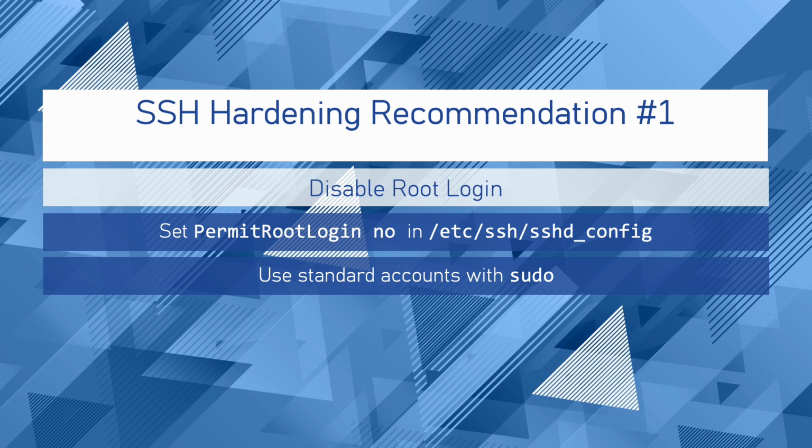This forces users to log in using their own accounts and escalate privileges through sudo only when necessary. Doing this adds an extra layer of accountability and makes brute force attacks significantly harder, since attackers must now guess both a valid username and password combination.